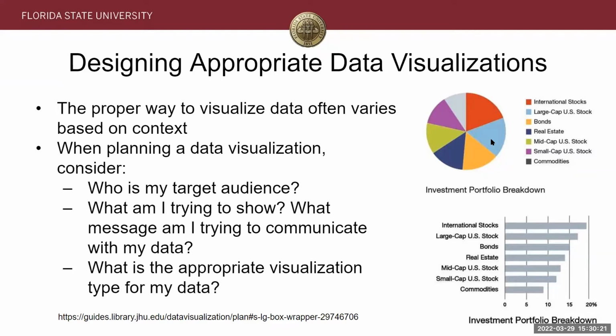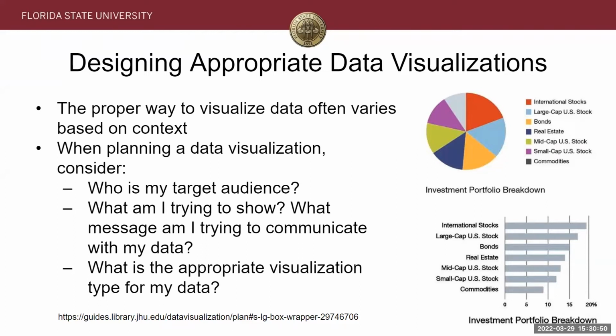We can only see generally how much of that data set is made up of each of those categories. We can't really get any precise values out of it. Whereas at the bottom in the bar chart, we can better parse out what percentages or what the composition is of that portfolio.